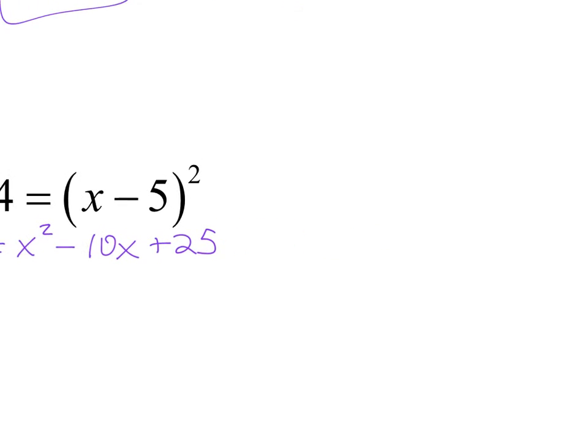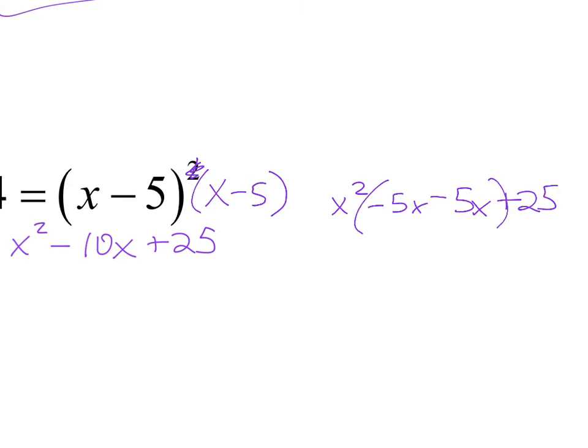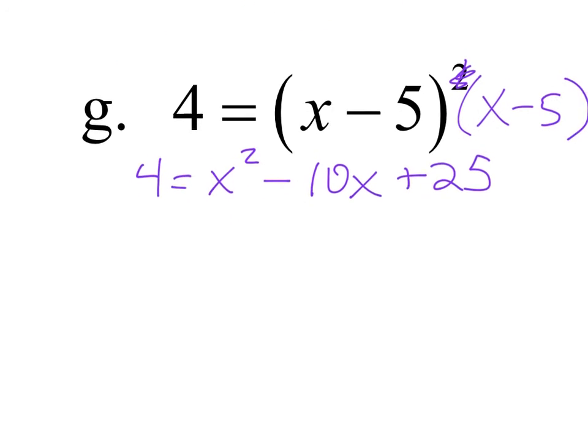Okay, over here, I'm going to show that, right? Because remember, when I square something, it means this. So I FOIL that. So I get x squared minus 5x minus 5x plus 25. These two add up to a negative 10x, and that's how I get this number.